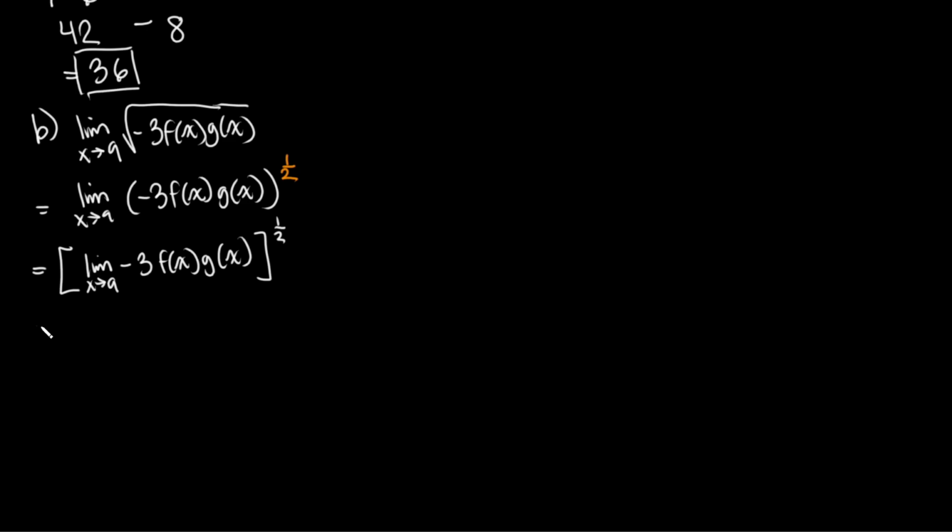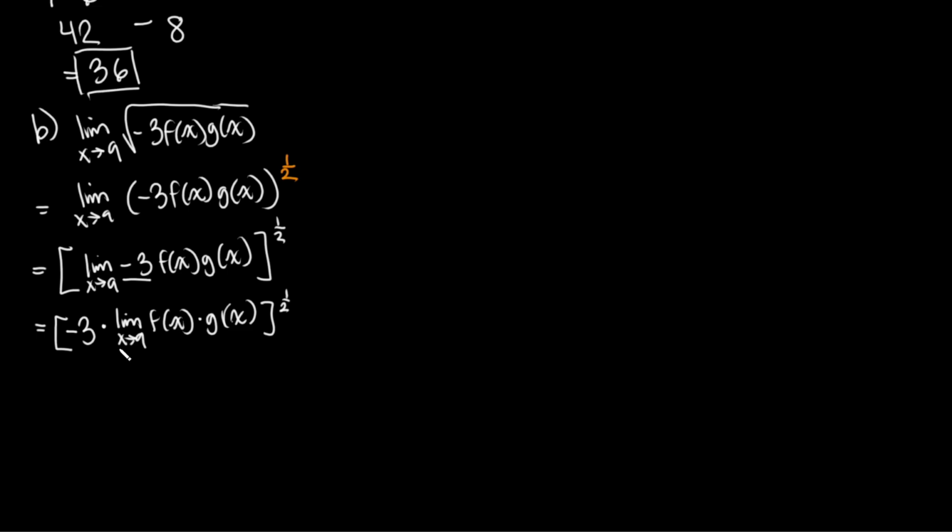So this will become -3, just take the whole constant out, times the limit as x goes to 9 of f of x times g of x. I'll even emphasize the times to the 1/2. Can't forget that.